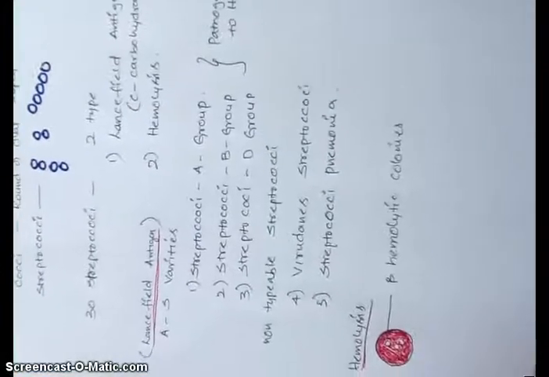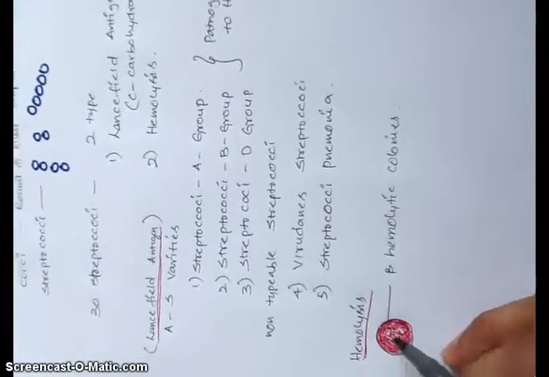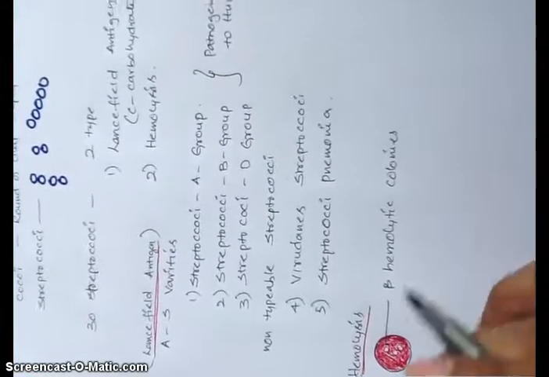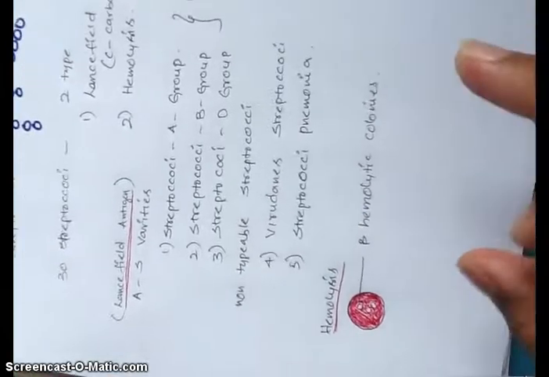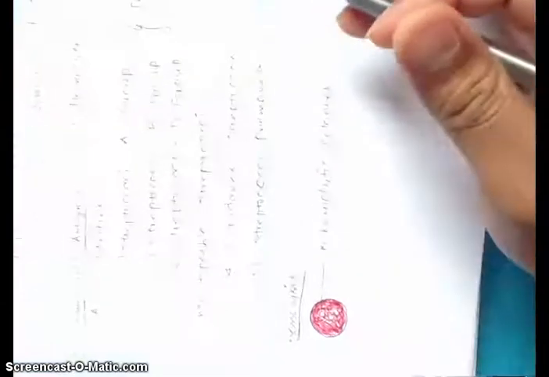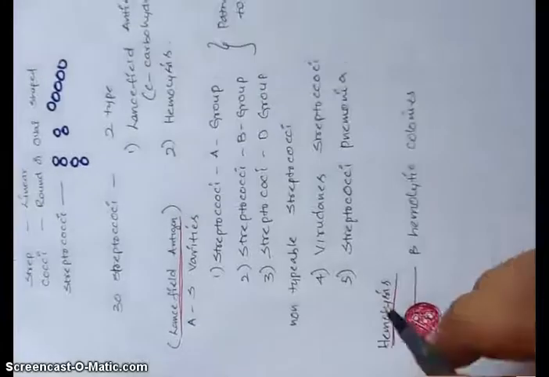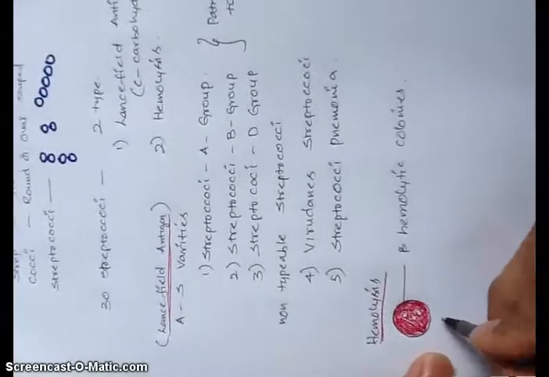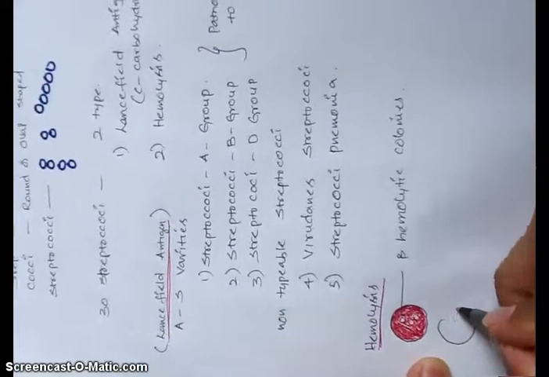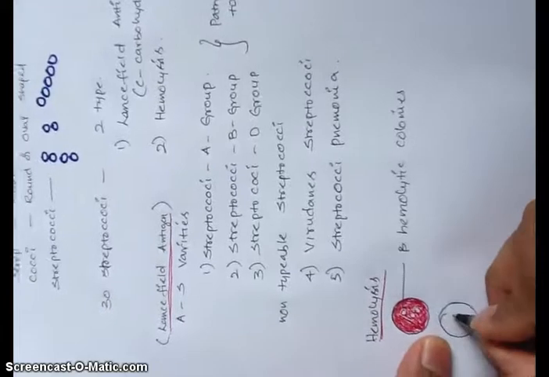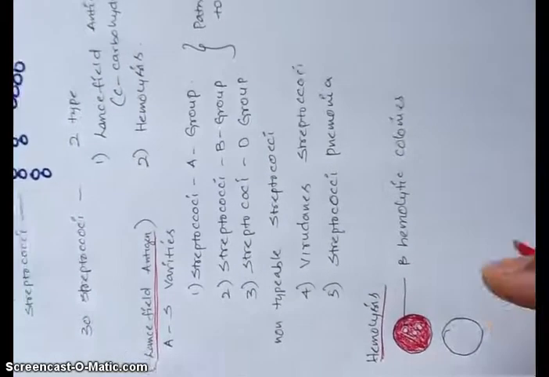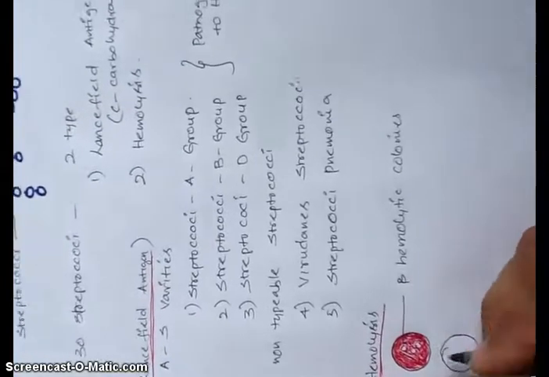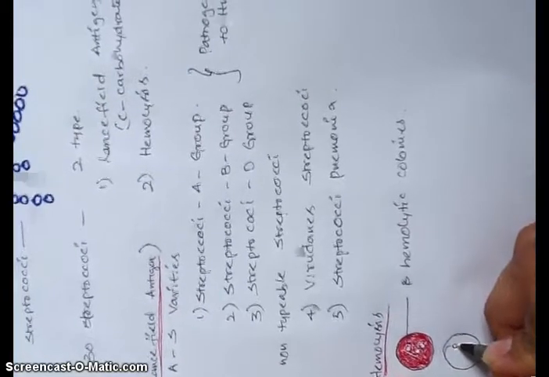So any organisms grown on this blood agar culture medium by completely destroying the red blood cells are beta hemolytic organisms or colonies. There is one more pattern called alpha hemolysis. These alpha hemolytic colonies always have a partial destruction of red blood cells.